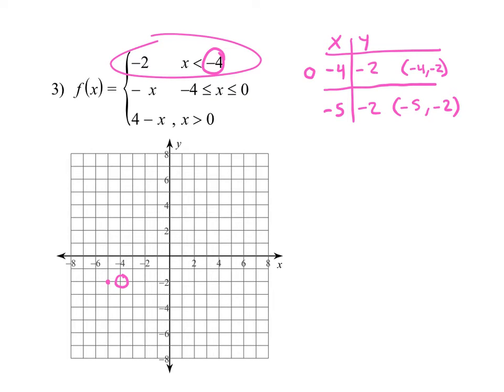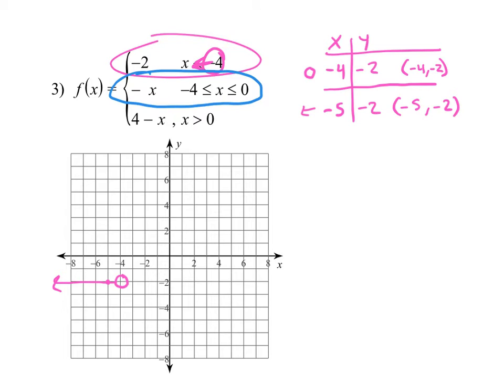Which direction is our arrow going to go? To the left. So our arrow points left. All right, once we graph it, we can move on to our second part.